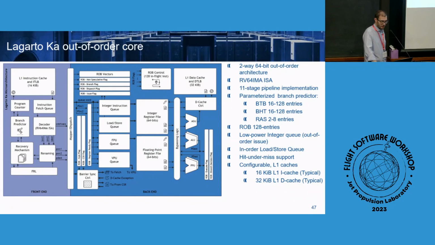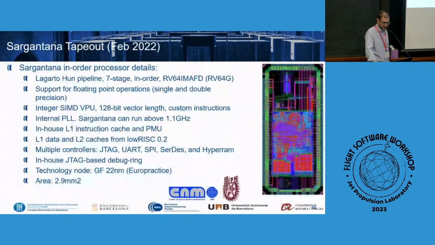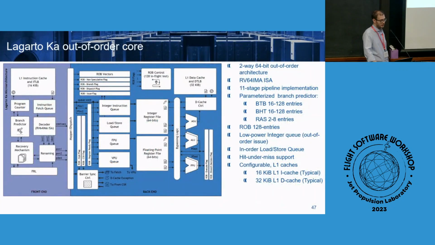We have also a hit under miss for the accesses in the cache, and also configurable sizes for instruction and data cache. Actually, another thing that it's very interesting in this tape out is that in the same chip we have both a Sargantana and an out of order core, so we are able to choose which one we want to boot.